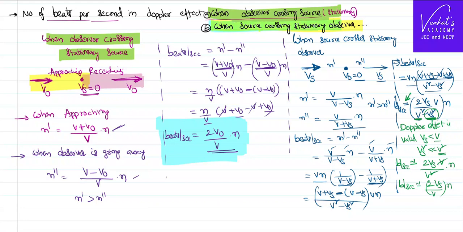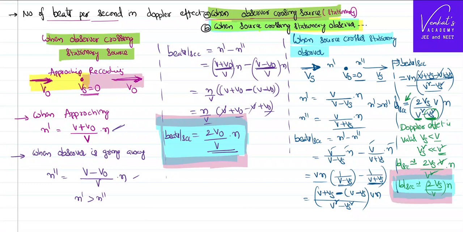But when the source is in motion, you got an approximation of 2 times the velocity of the source by the velocity of sound into N. If you notice carefully, these two equations look the same. But in the first case, when the observer is in motion, that's the most accurate equation. In the second case, when the source is in motion, it's not that accurate, that's the approximation. That's the point I want you to observe carefully. That's it. Thank you for watching.